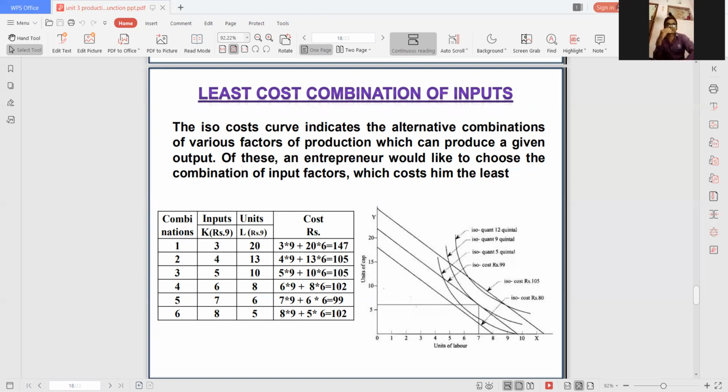that is least cost combination of inputs. This is the isocost curve, which indicates the alternative combinations of various factors of production which can produce a given output. Isocost means, already we have discussed isoquant and isocost.